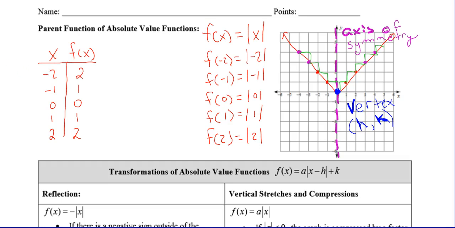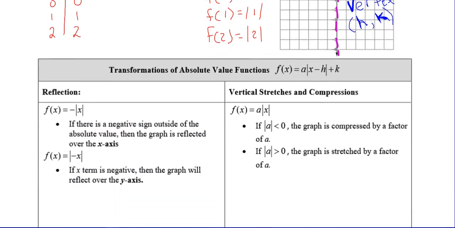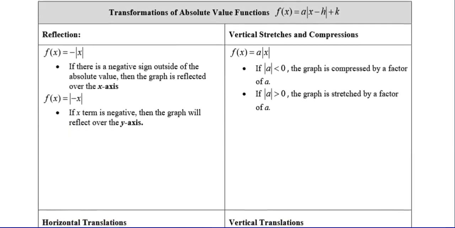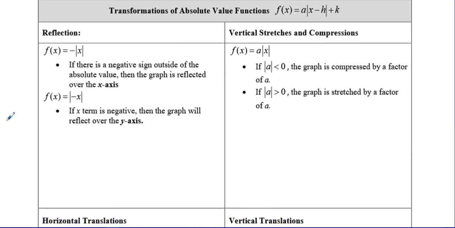So let's start to take a look at the different types of transformations that we can make. The first transformation we're going to talk about are reflections. All right? So we can have a reflection where the negative sign is in front of the absolute value, right? It's on the outside, which will cause it to flip over the x-axis.